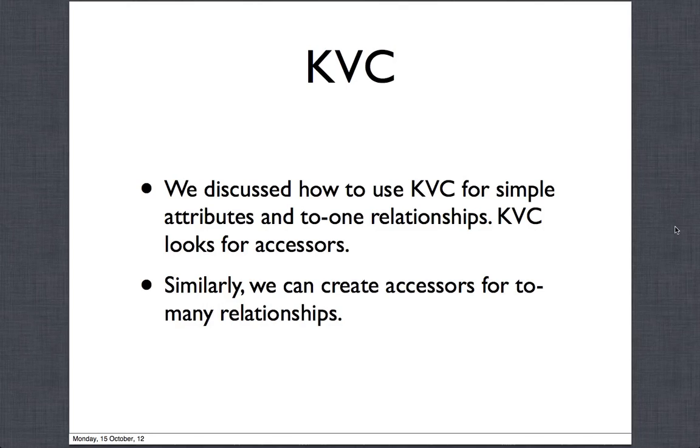And if we create accessors for to-many relationships, then that accessor will be used if a value is being changed or set, if we get the value or set the value using KVC.